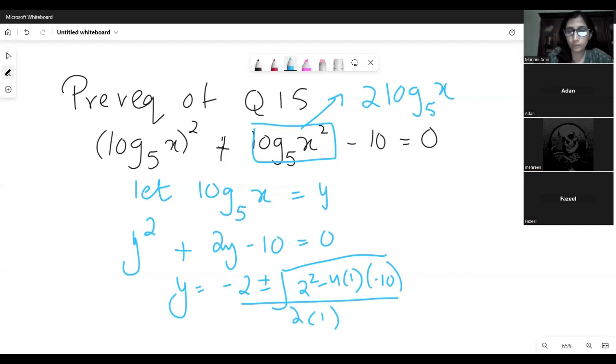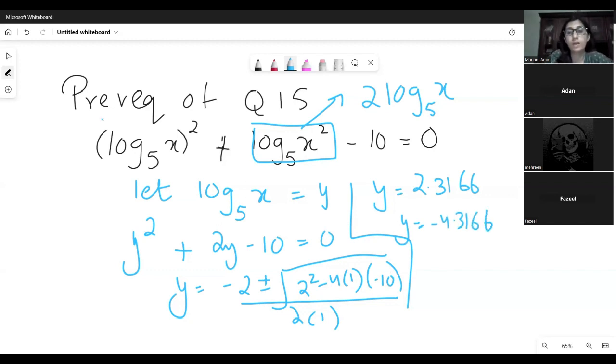Okay, so we get y equals 2.3166 and y equals minus 4.3166. Now we're going to replace y with log base 5 of x.